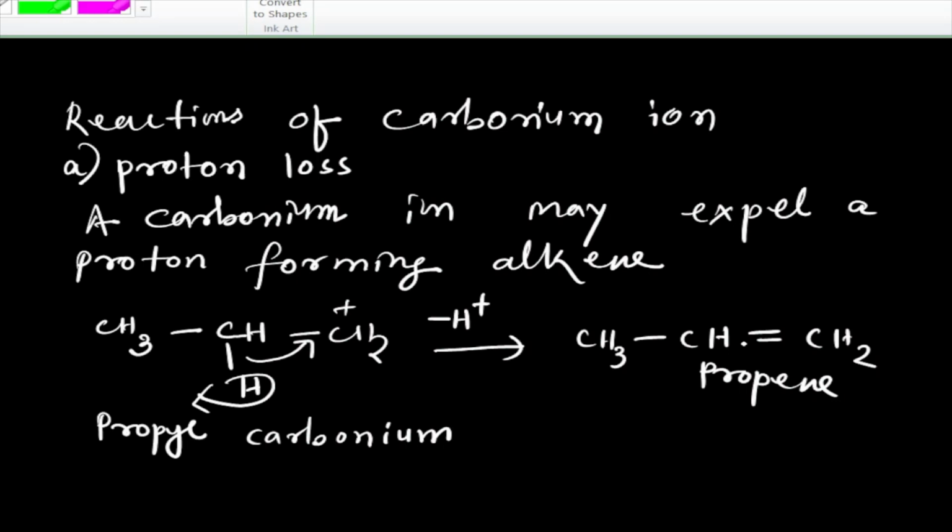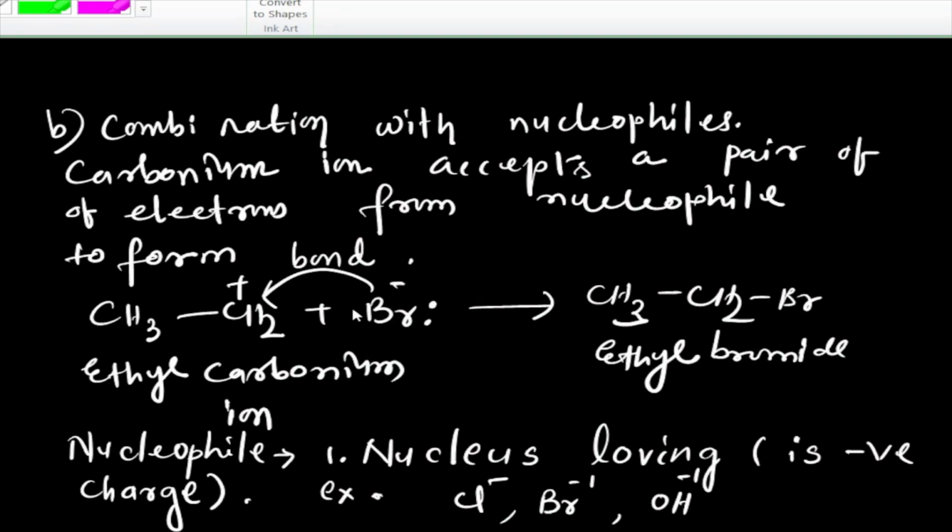So it is very, very important. Are you clear? Proton loss means one hydrogen atom is lost. How? Because the pair of electrons of the sigma bond is localized to the carbon bond adjacent to the carbon having the positive charge.